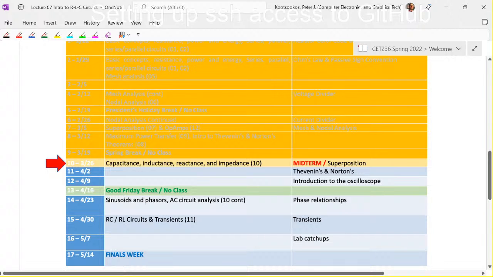And I just realized I don't think I actually have a lab called Introduction to the Oscilloscope, so we might move the phase relationships up one. So we've got 1, 2, 3, 4, 5, 6 sessions left.